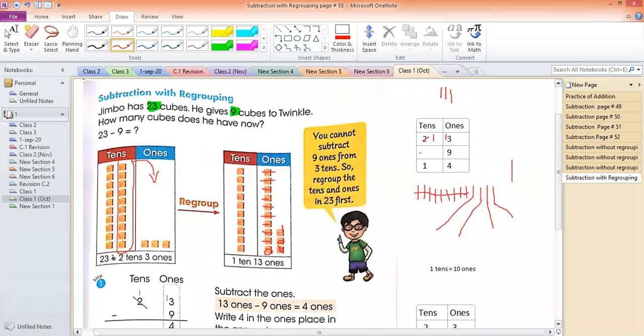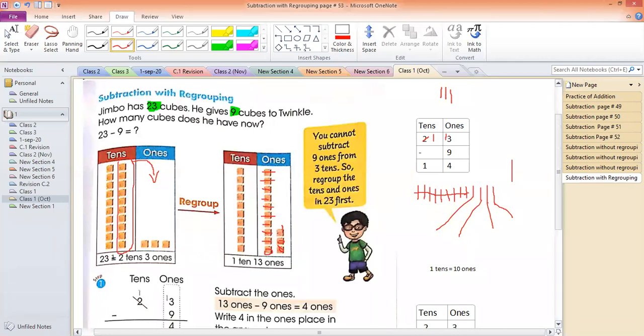So the tens give 1 ten to the ones. This is the block of 10. So we take 1 ten from tens to ones, and when we get 1 ten, it becomes 13. As you know, 1 ten and 3 ones make 13. So it is now 13.